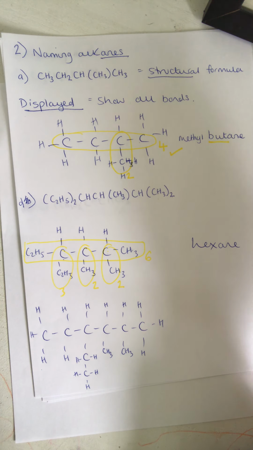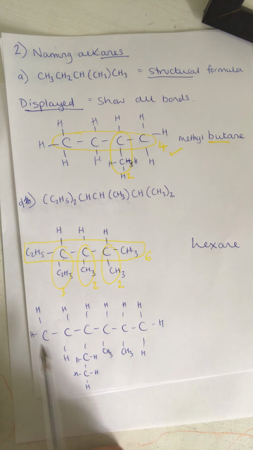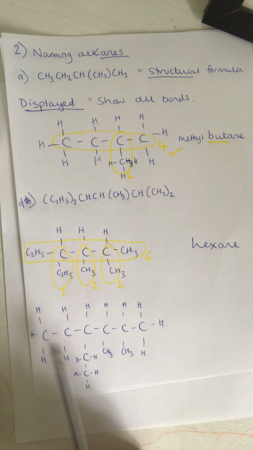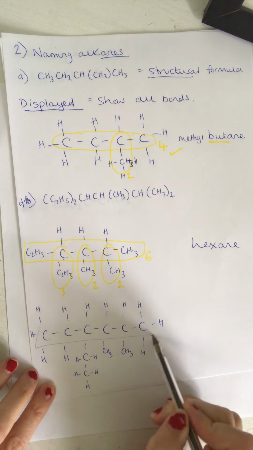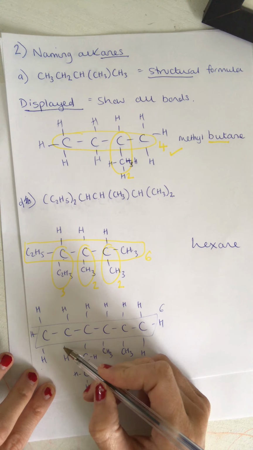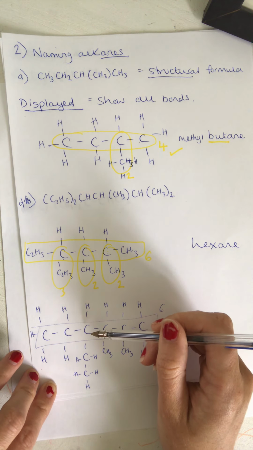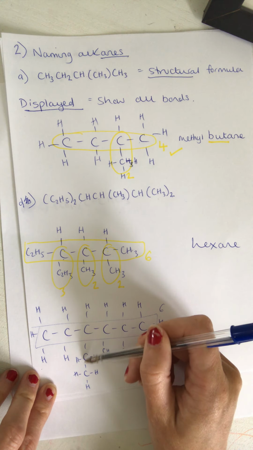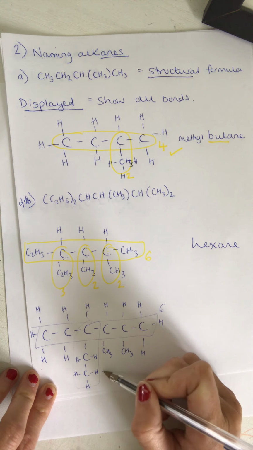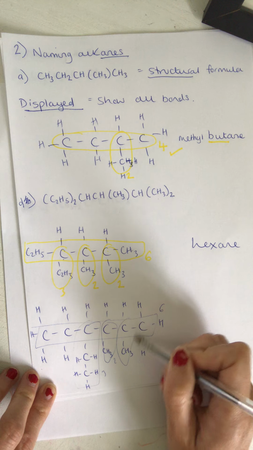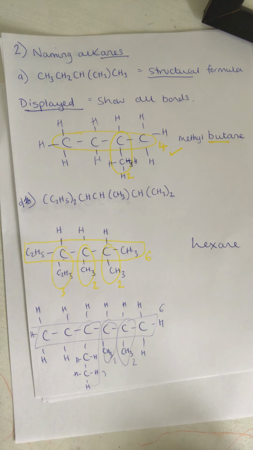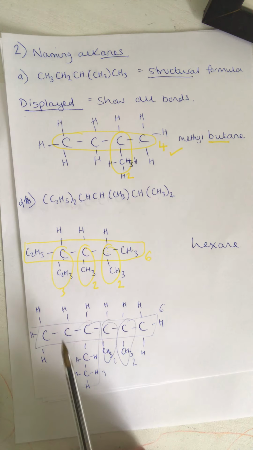Okay, so we can now see that we've got this chain, 6. We've got this chain. Where are we? 1, 2, 3. This chain, 2. This chain, 2. This is our longest chain. Now, when we number our carbons, it's not that you always go left to right or right to left.